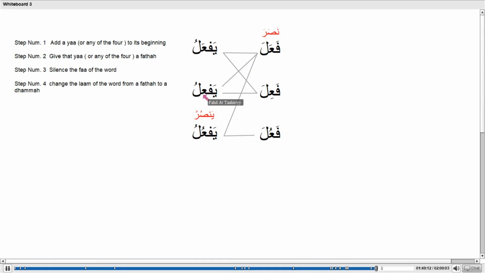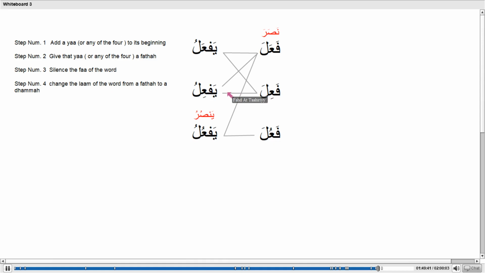Yes. And this goes with the principle we have just explained. So yes, fa'ila and yaf'ah. Okay, so it goes along with the principle.